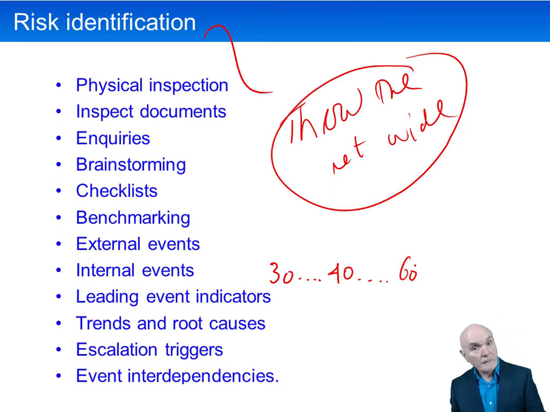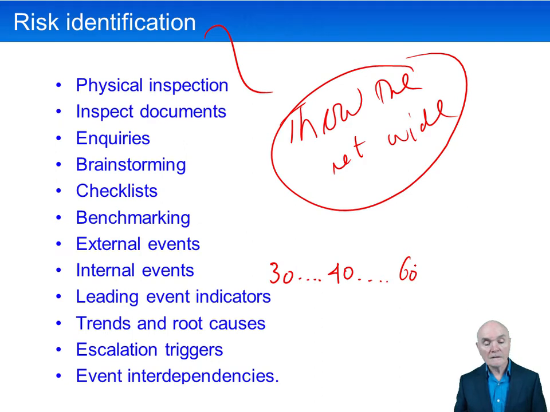The debt hasn't gone bad yet, but we're slipping towards an area where there's increasing risk that we're going to suffer a bad debt. So essentially a leading event indicator is a real advance warning that something nasty may be going to happen in the future, and therefore maybe we can stop it.